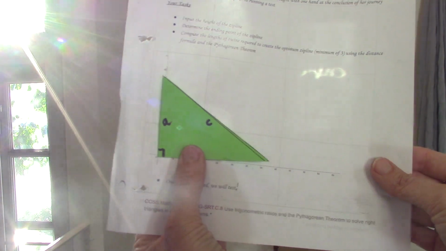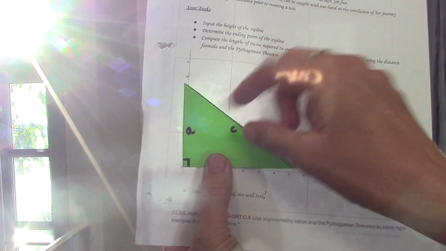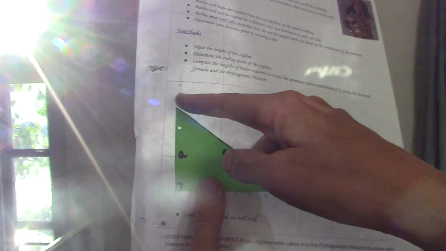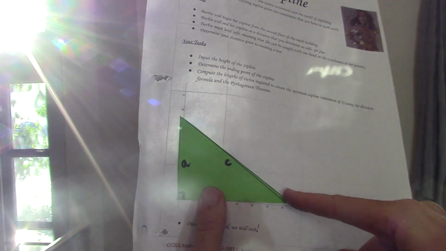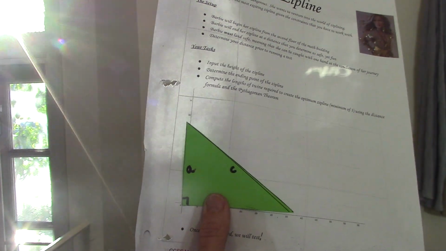Do you all see that? Okay. So this is 12 feet here, and I want you to pick 3 lengths here, and then calculate our diagonal distance, which is the zip line.